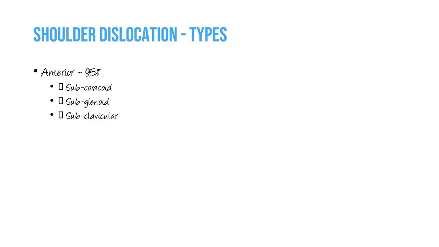And it can go below the clavicle, and then the dislocation is termed subclavicular. In about 4% of cases, it can go to the back of the glenoid, where it is called a posterior dislocation. Very rarely, it can go below, and it's called an inferior dislocation.